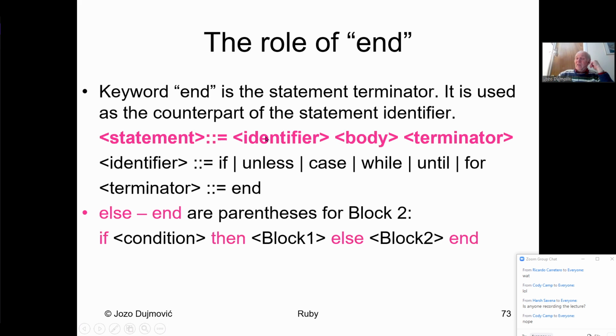So identifier is the left parenthesis, terminator is the right parenthesis of that expression. And terminator can only be one, it is end. So you have identifier and then body and then end at the end. So else and end are parentheses, word delimiters. So this is the best possible way to write an if statement.